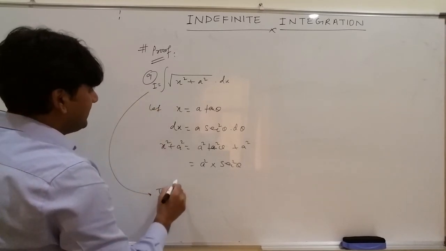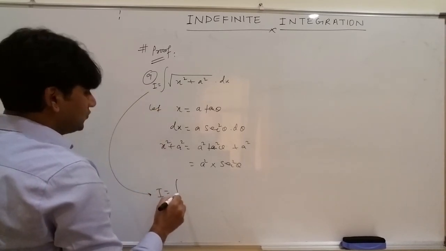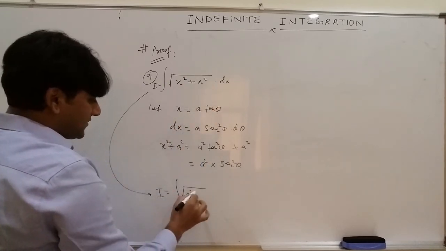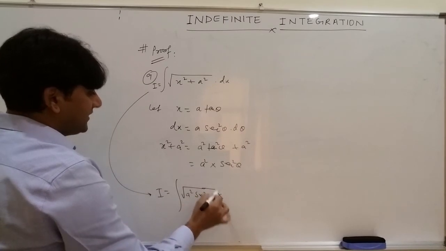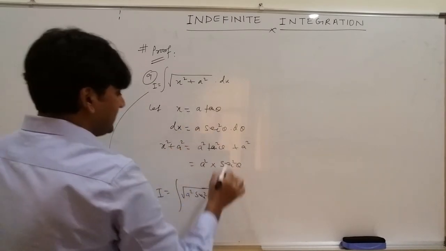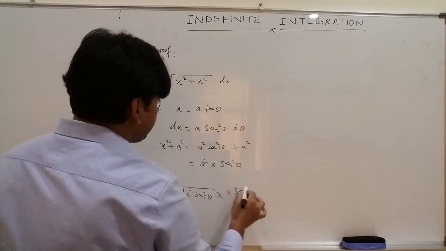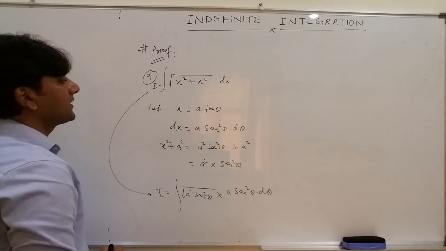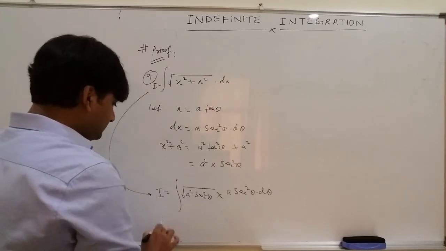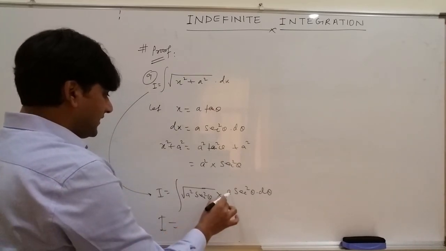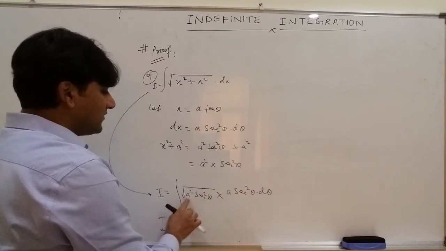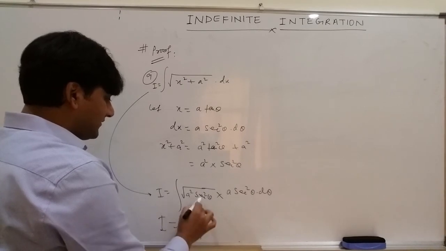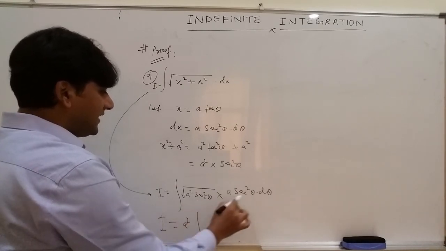Now this I will be root x square plus a square, which is a square sec square theta times dx. Dx is a sec square theta d theta. Now I got a, and this is root a square, which is a totally, and this is sec theta and this is sec square.